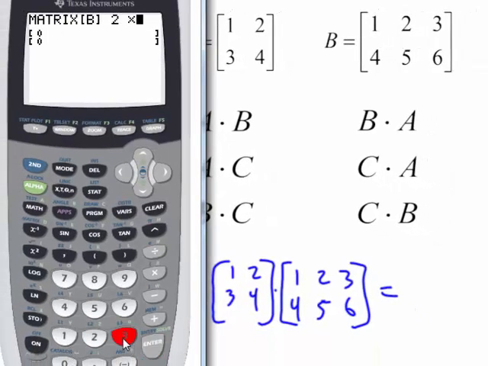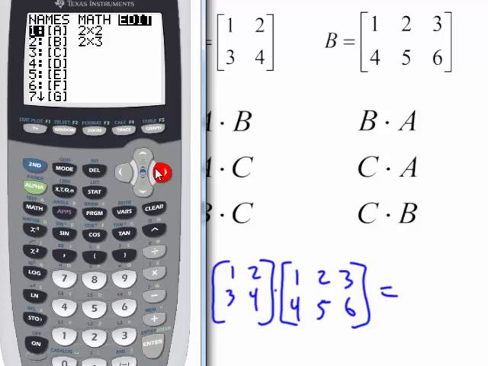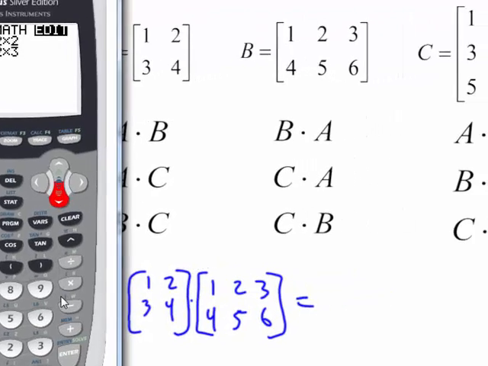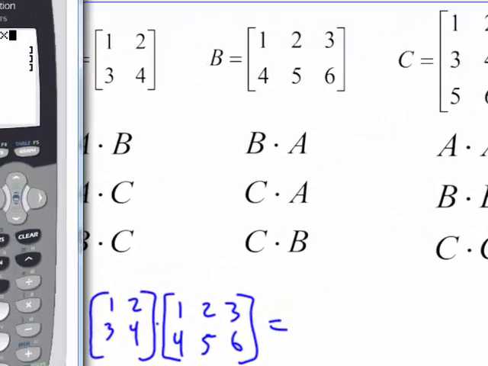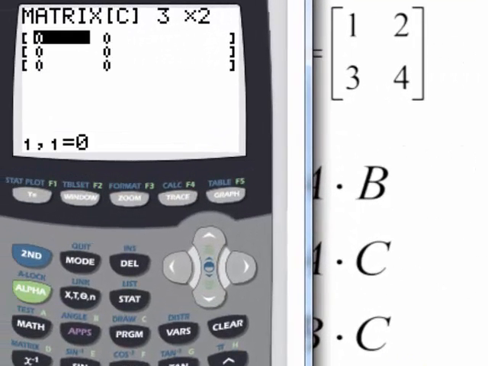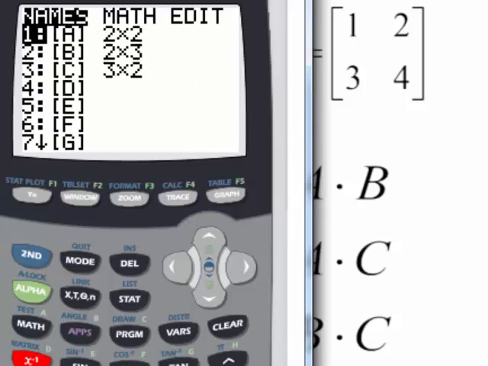Rows by columns. 1, 2, 3, 4, 5, 6. Lovely. And lastly, matrix C. Go to edit, matrix C. And now this is a 3 by 2. There we go. Okay, so I've got them all typed in: a 2 by 2, a 2 by 3, and a 3 by 2.